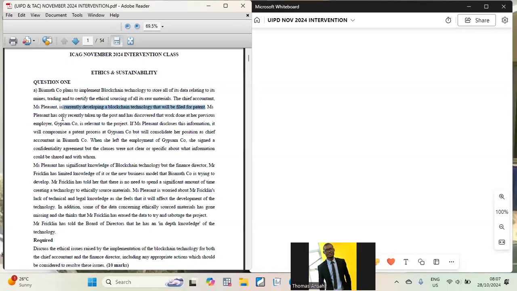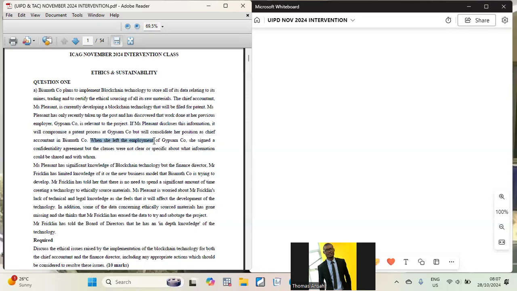Ms. Pleasant has only recently taken up the post and has discovered that work done at a previous employer, Gibson, is relevant to this project. If Ms. Pleasant discloses this information, it will compromise a patent process at Gibson, but will consolidate her position as chief accountant in Bismarck Company.